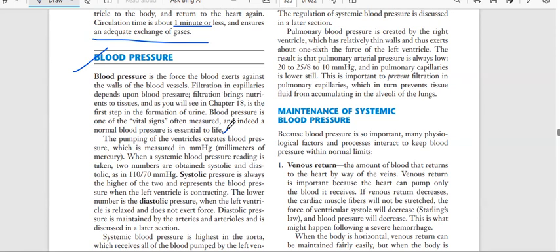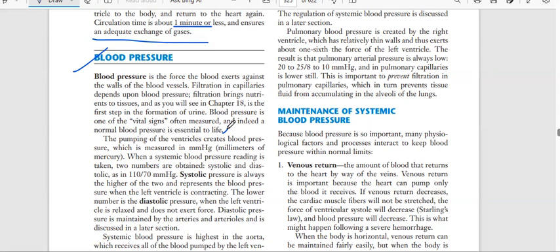The first, basic thing is we need blood pressure to collect the important material which the cell needs, because only in the blood are all the materials which are required by the cell. The cell requires oxygen, it is present in the blood. The cell requires glucose, it is present in the blood.